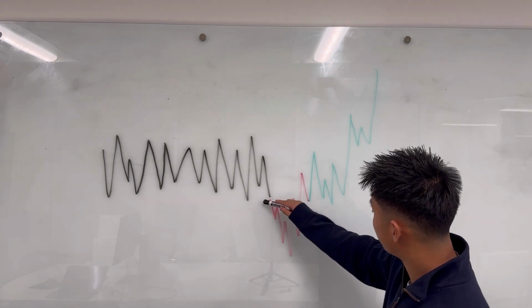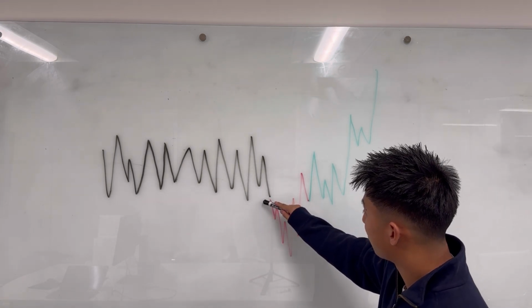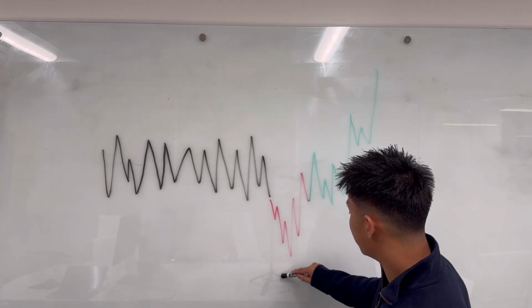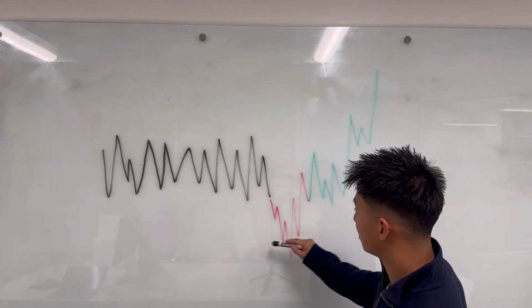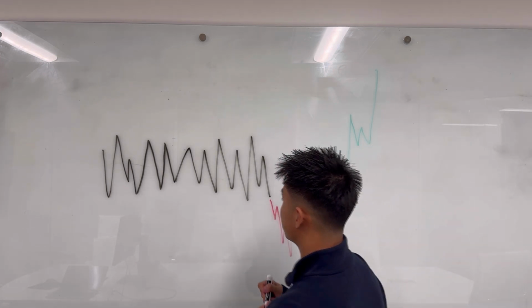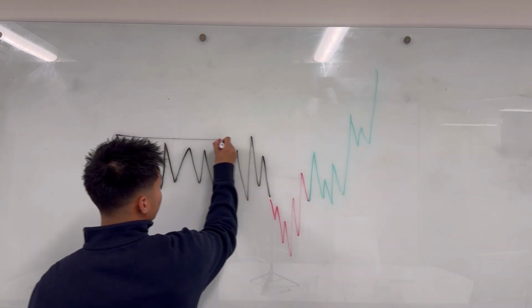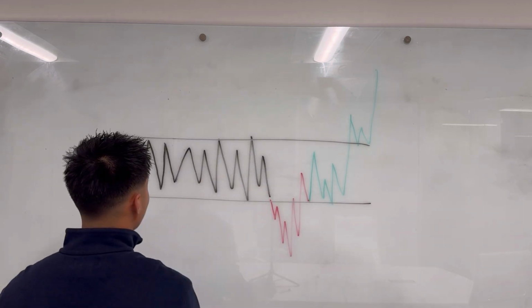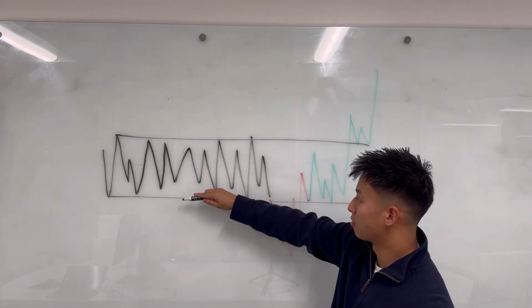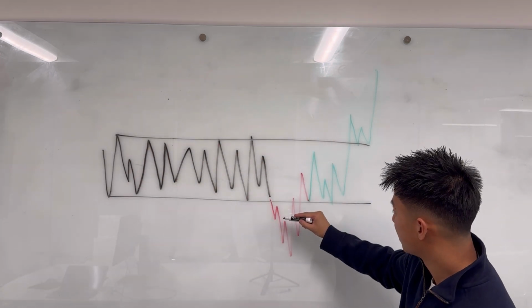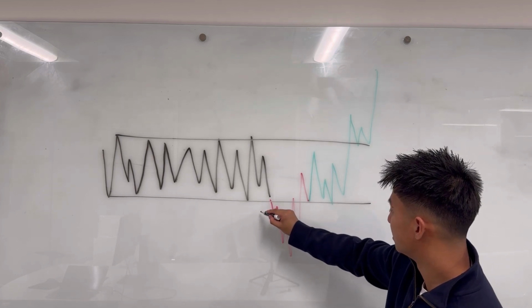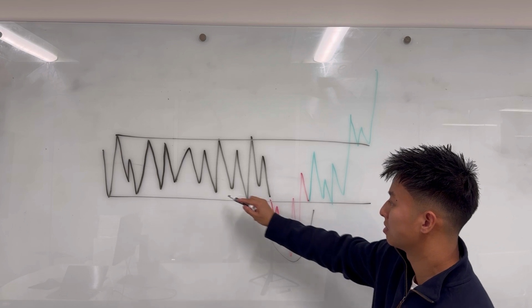During the manipulation phase, price breaks the range low, and you see a manipulation and you get a deviation of the range. So this is your range. That was the range that formed in the accumulation phase. Then this is the manipulation phase for phase 2. This is the price deviation of the range.